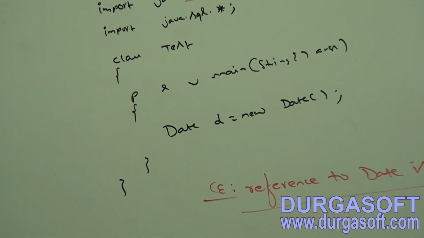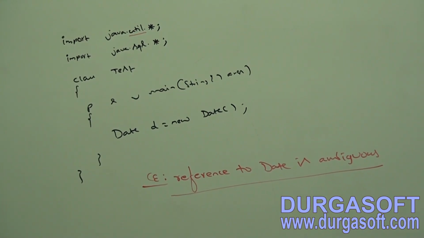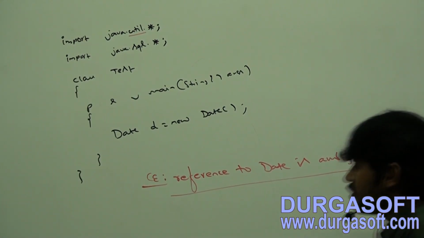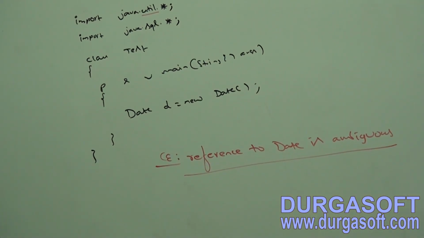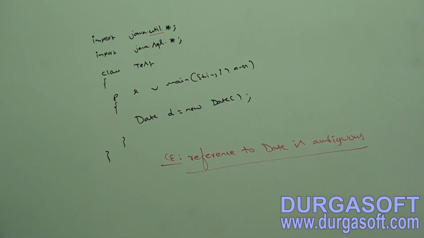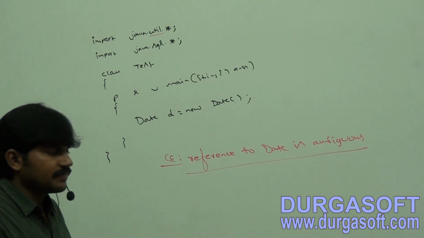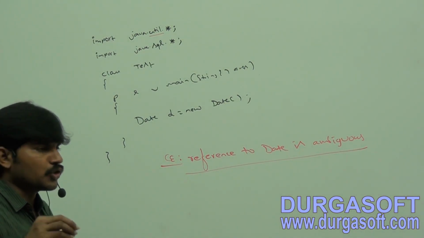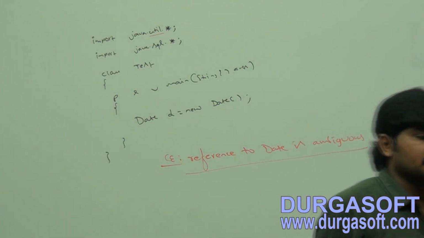import java.util.*; import java.sql.*; class Test { public static void main, Date d = new Date(); We are going to get a compile time error saying reference to Date is ambiguous.